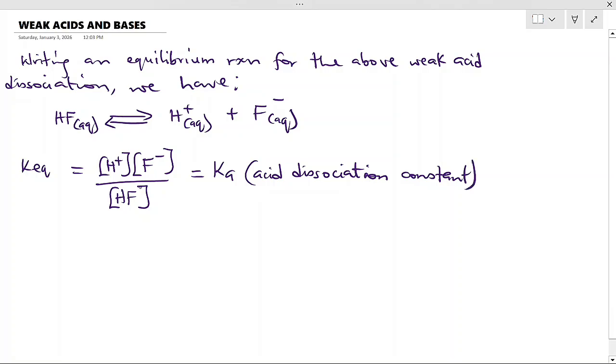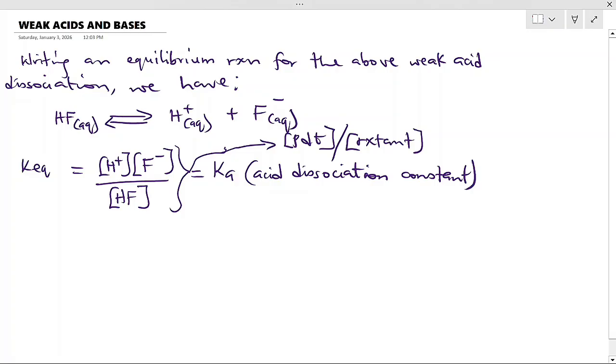Now if you look at this equation, it simply depicts the concentration of the product of a reaction divided by the concentration of the reactant.